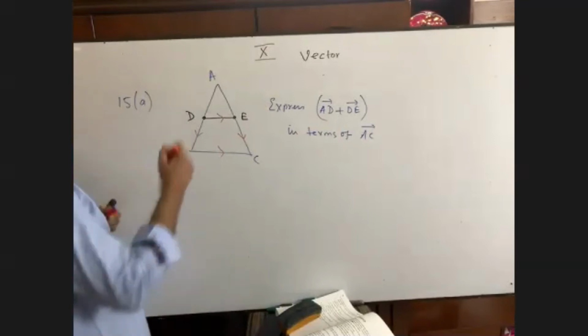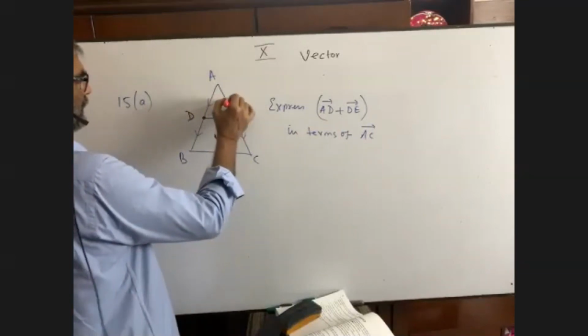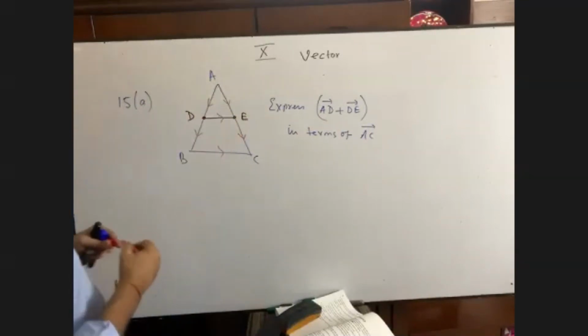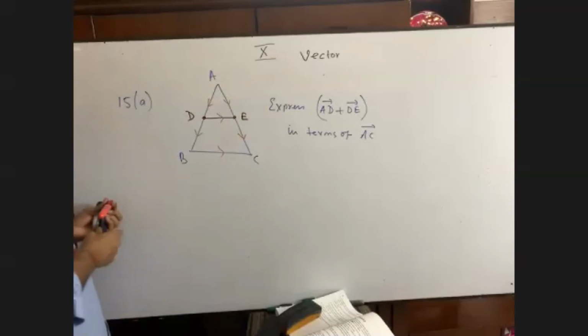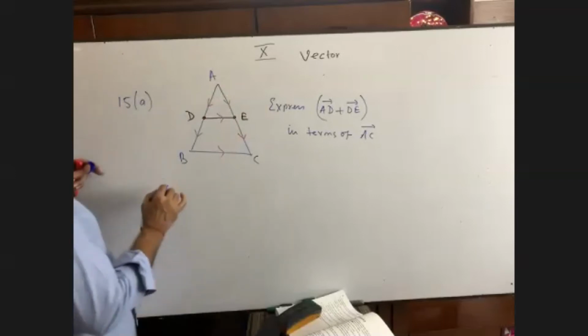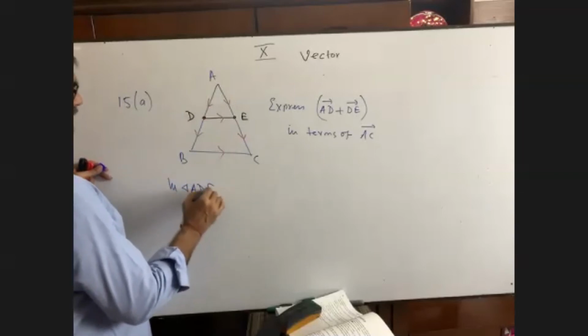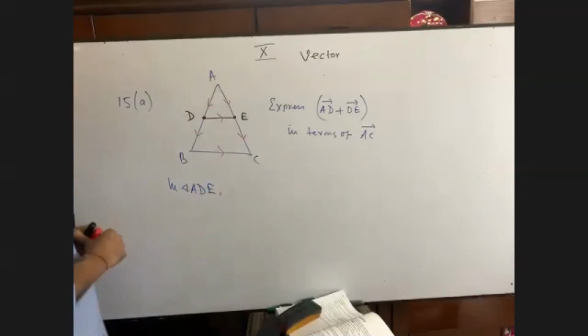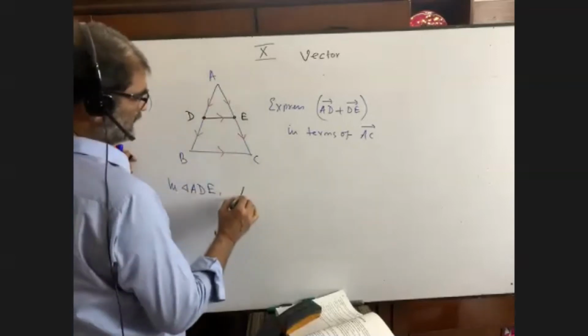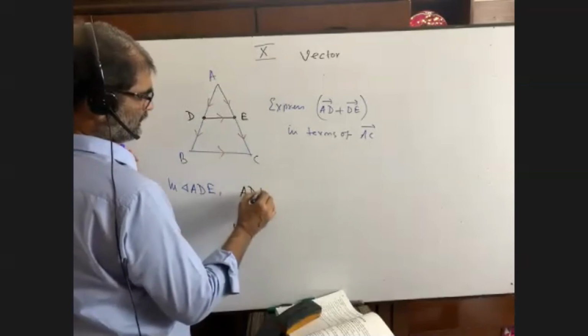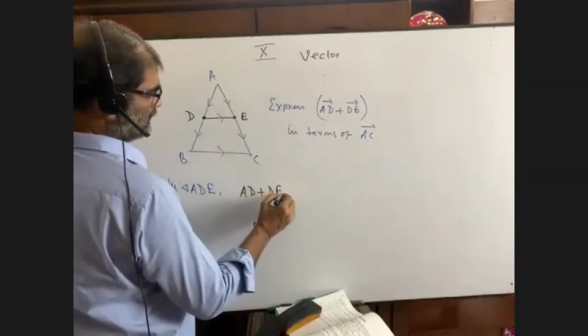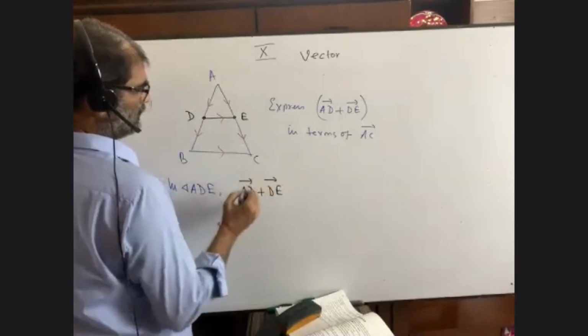Sir, it is possible. Write down in triangle ADE. In triangle ADE, triangular addition of vectors: AD plus DE is equal to what?